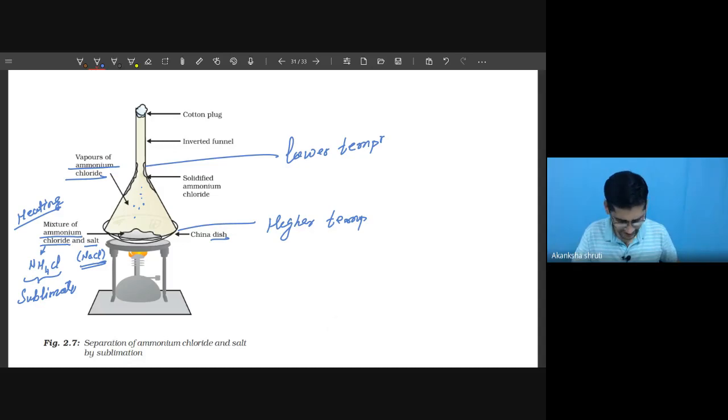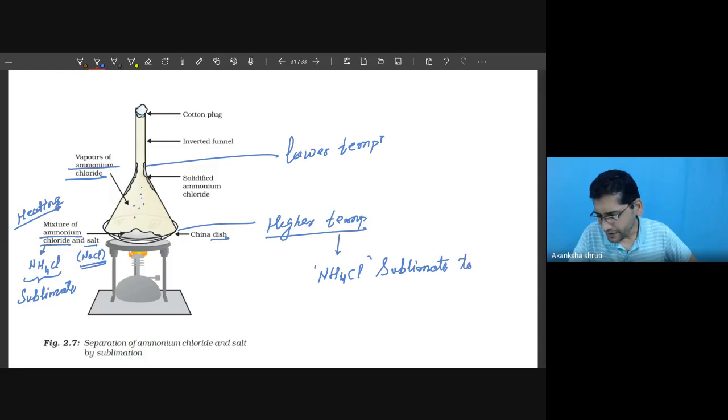Therefore, whatever the sublime material is, NH4Cl, ammonium chloride, first sublimes at the higher temperature, sublimating to vapor.